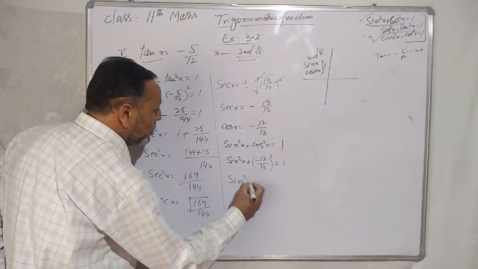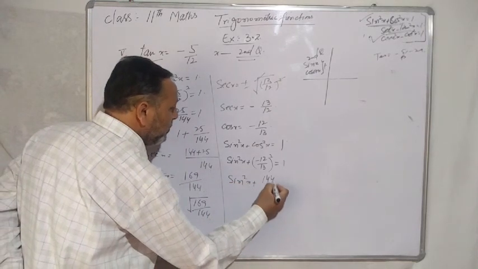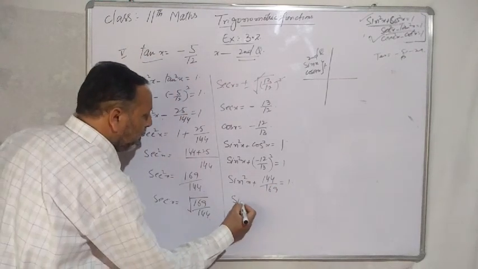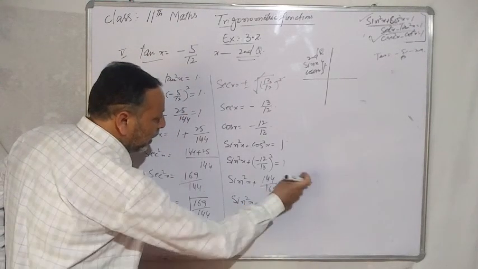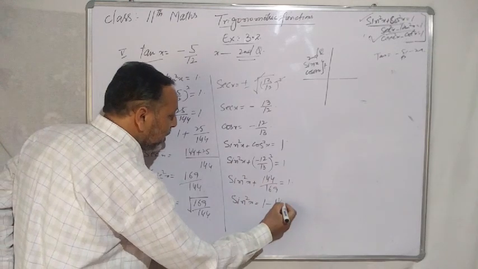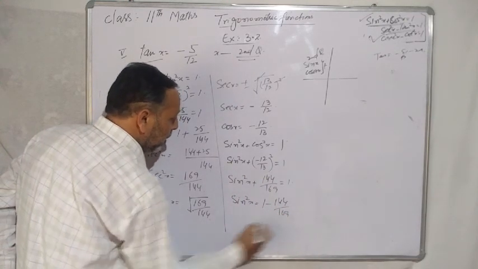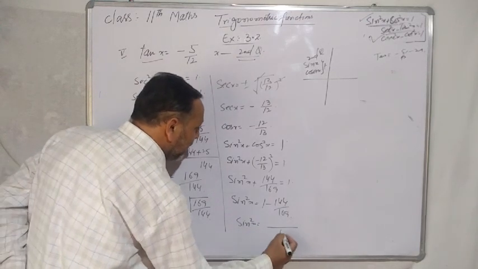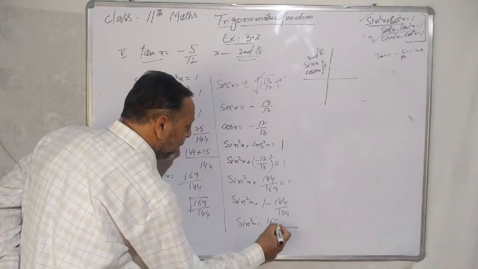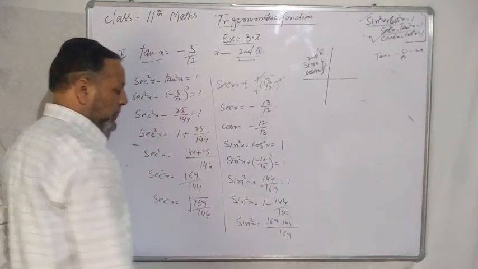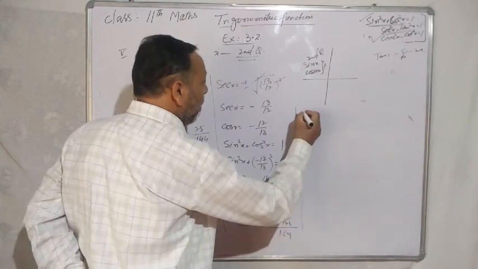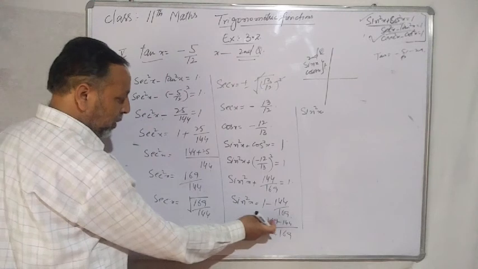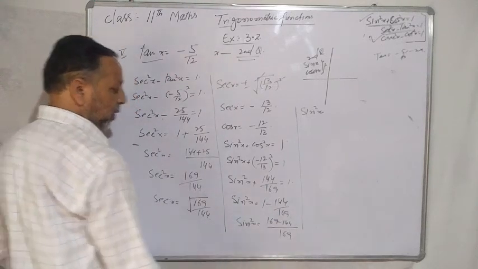Or we have sine square x plus 144 over 169 is equal to 1. It means sine square x is equal to, transposing 144 by 169, take 169 as LCM, it is 169 minus 144.